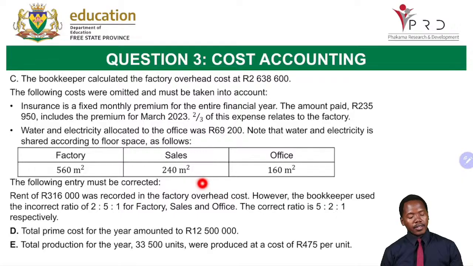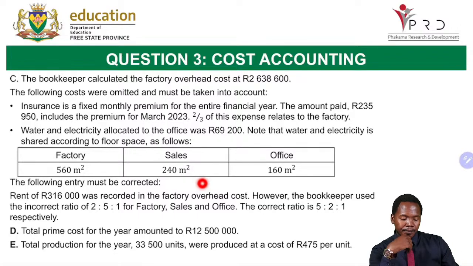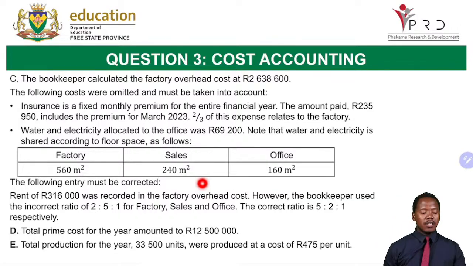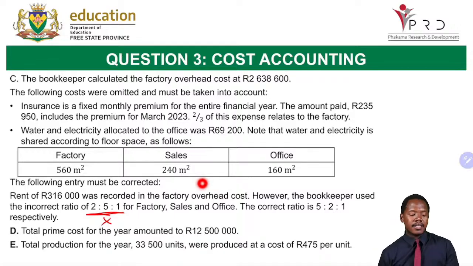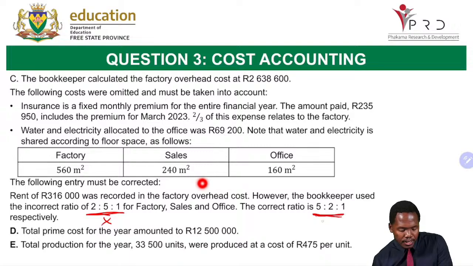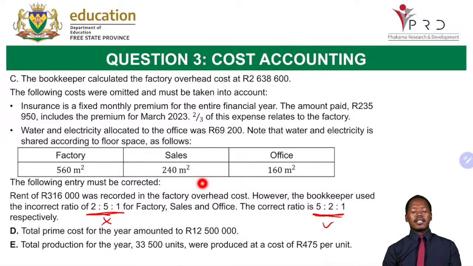Rent of 316,000 was recorded in the factory overhead cost. However, the bookkeeper used an incorrect ratio for factory, sales and office. The correct ratio, which is 5:2:1, is supposed to be used.